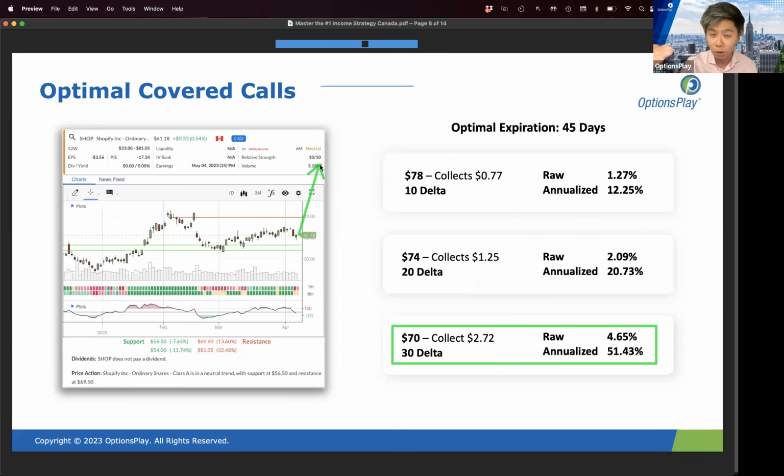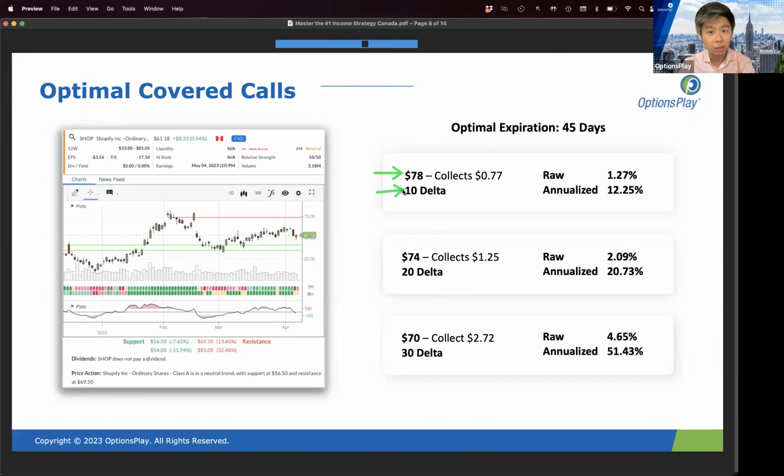If you got more conservative, and keep in mind, when I'm referring to these strike prices, I'm also giving you the deltas. The delta tells you the percentage chance of the stock being above that price at expiration. So a 70 is a 30 delta, the 74 is a 20 delta, and the 10 delta is a 78. So when you choose strike prices that are roughly 10 deltas, that means 9 out of 10 times you're going to keep the 77 cents.